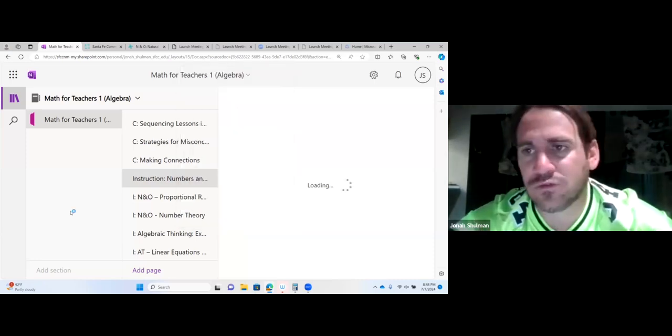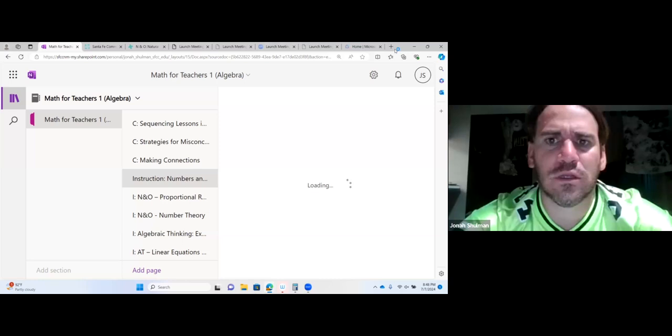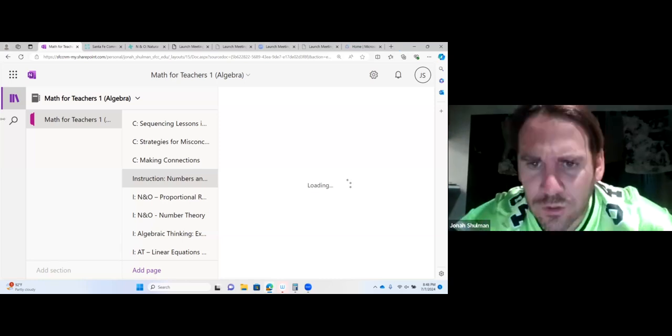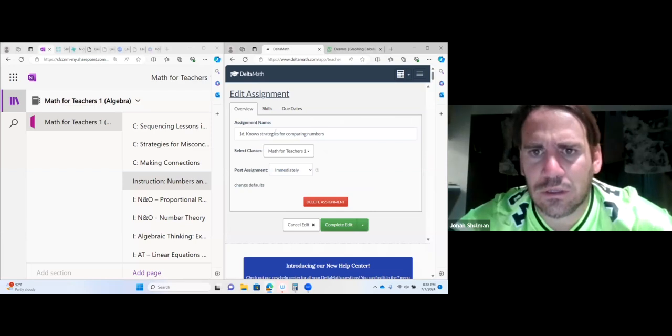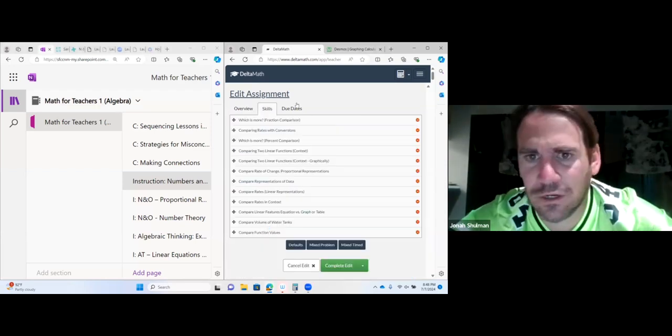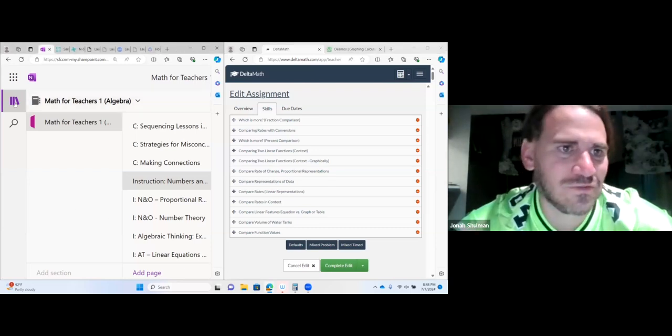And for these, remember, just do which ones you can. Watch the videos to gain more information, gain more knowledge, see how we're doing it. So let's get into it. We're in 1D, strategies for comparing numbers. And let's go into the skills. So this is it. Not a lot of skills, basically lots of comparing numbers. So hopefully this is interesting for you.